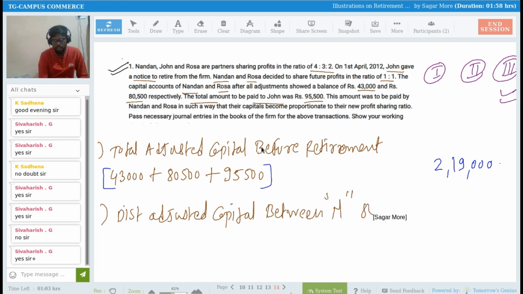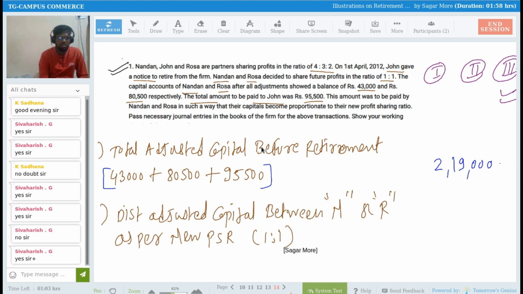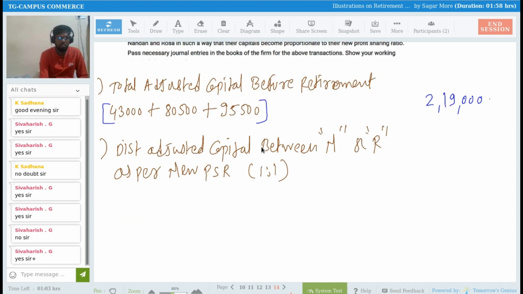Nandan and Rosa as per the new profit sharing ratio, and the new profit sharing ratio is 1:1. So after distributing that, what will be the amount of capital? And that is your closing capital, 1,09,500.